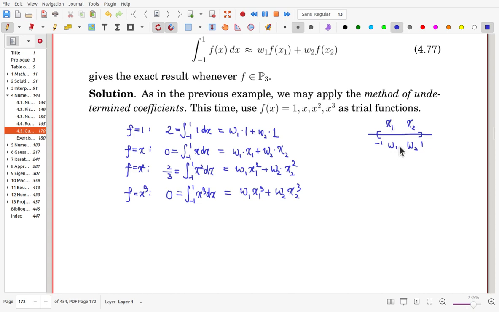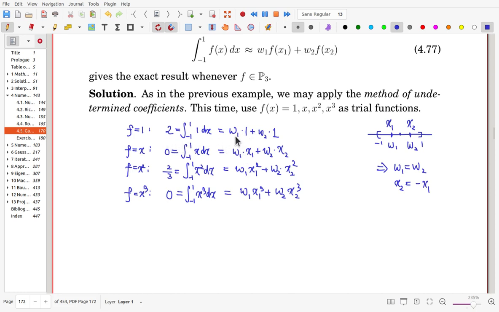That means w1 is the same as w2, and x2 is minus x1, so that the midpoint is 0. Then x1 is given, and x2 is given by the reflection. If we use this symmetry, we can solve the problem very easily.